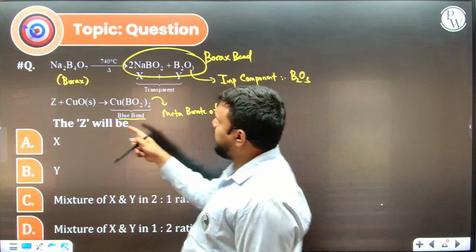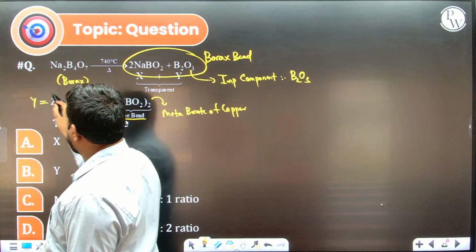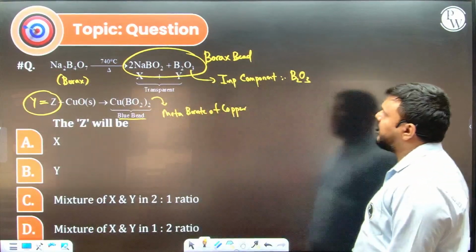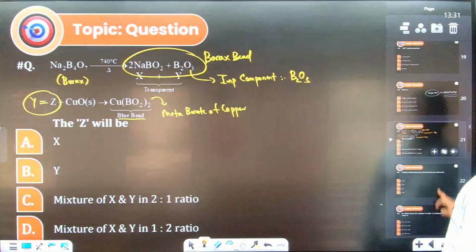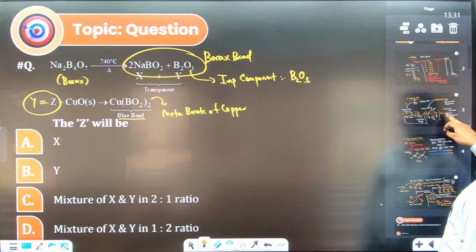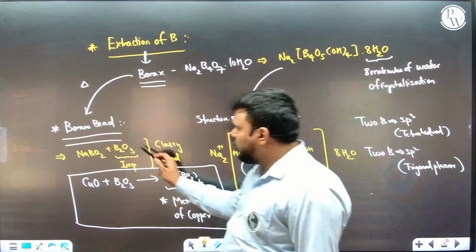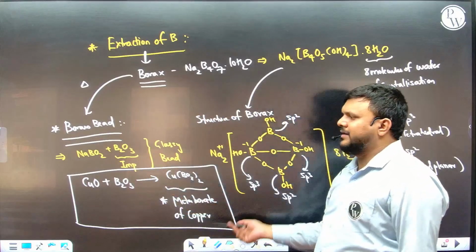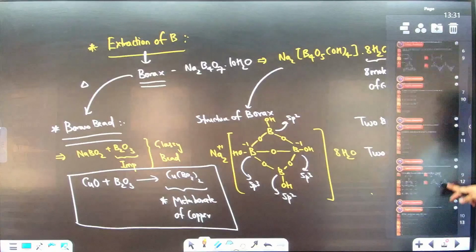This B2O3 will be reacting. So this Y is nothing but Z over here. This B2O3 is reacting with the CuO and we are getting CuBO2 twice. This we already discussed. While we were studying about the borax, you can see we had studied about this and I had told you that the important component is B2O3 and you can see the reaction over here that we already discussed, that was asked in this question.